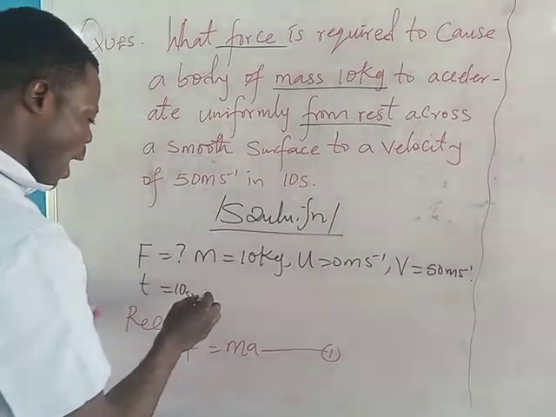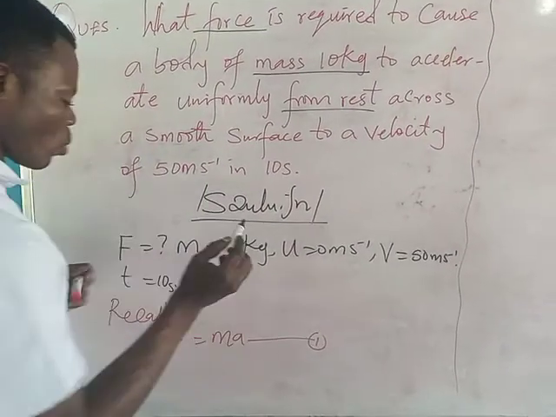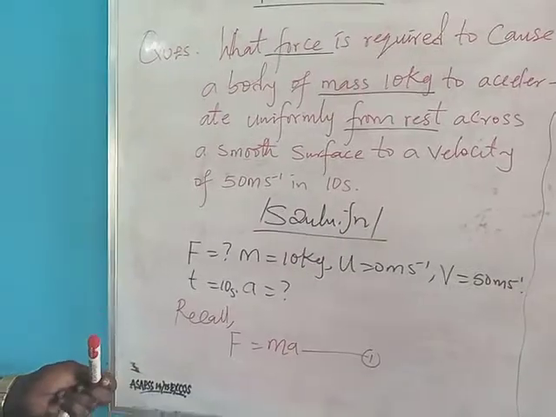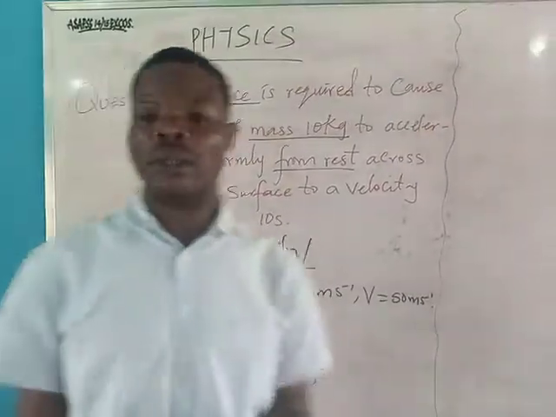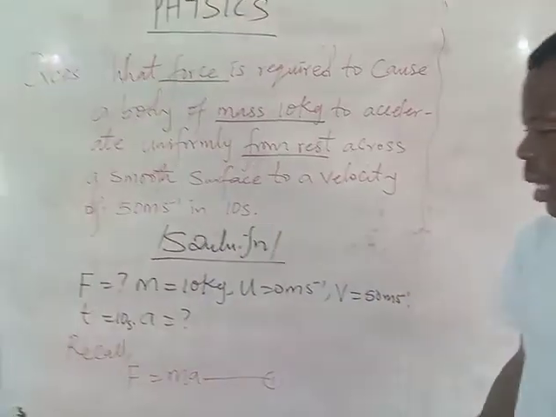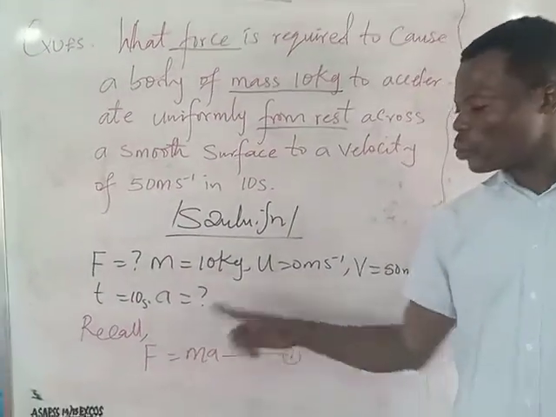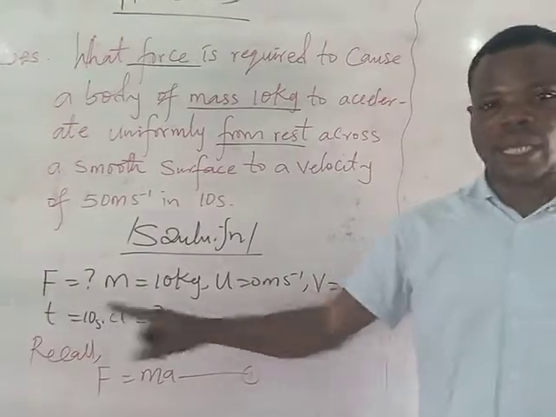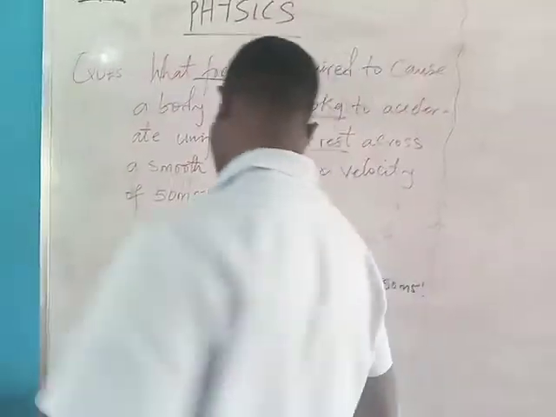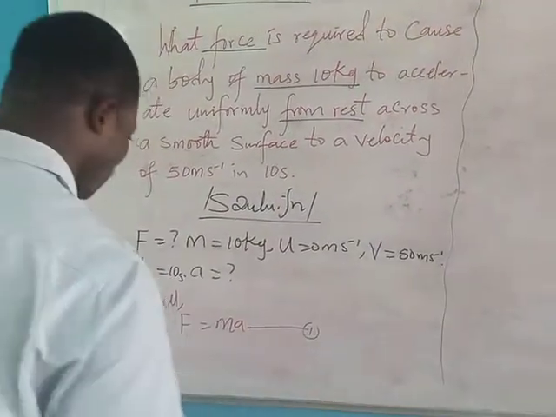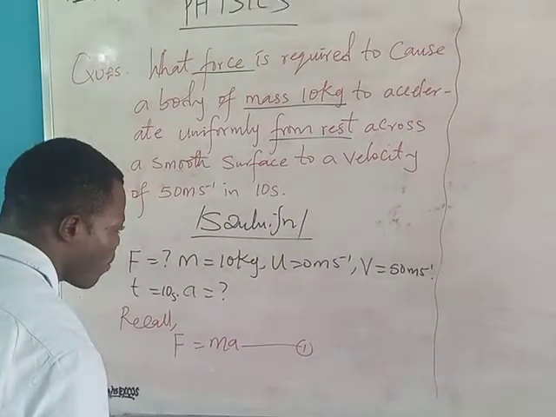Therefore, let's add A to this question. A is unknown. Among the 4 equations of motion, which can we use to generate our A is the question we should ask ourselves.